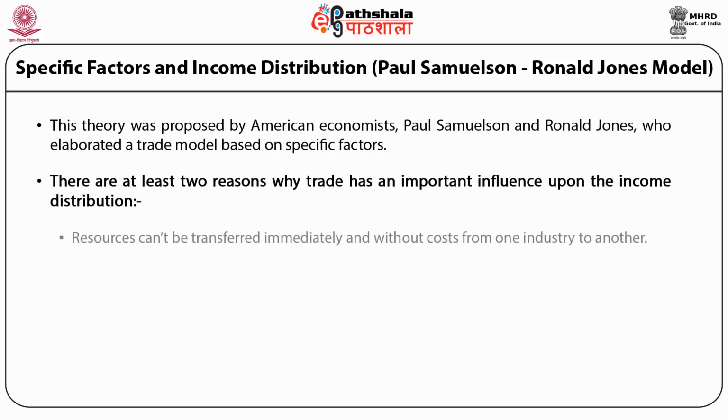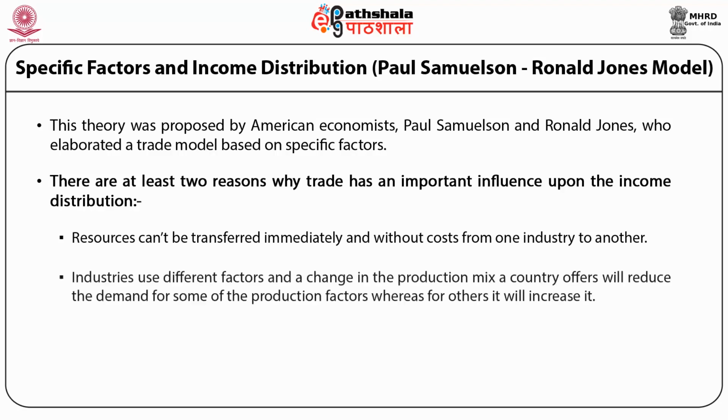One is that resources can't be transferred immediately and without costs from one industry to another. Second, industries use different factors, and a change in the production mix of a country will reduce the demand for some of the production factors, whereas for others it will increase it.